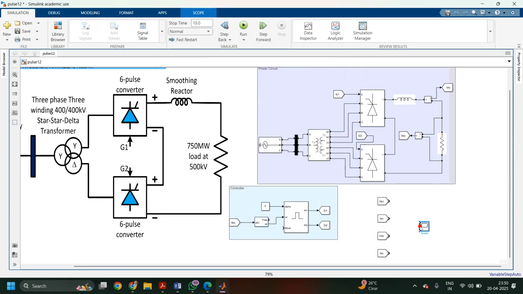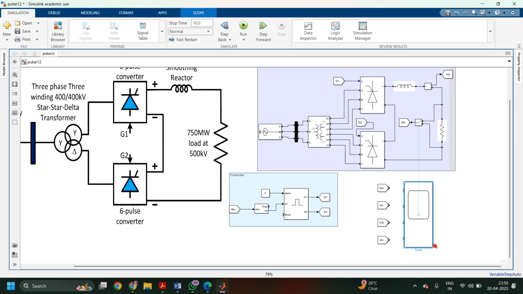So here you can observe it is a 2 by 2 array. We connect each input.